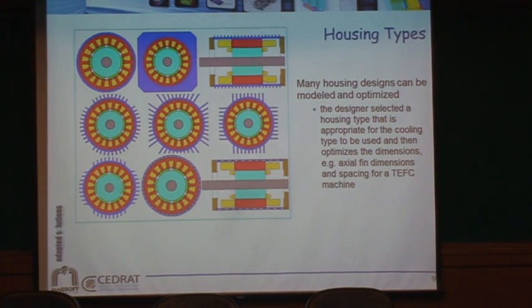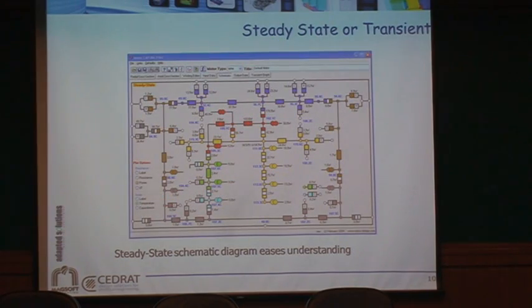So you design, you enter the geometry, you define the materials, you select the type of cooling, you enter the losses, and you solve. And once you do this, you immediately have the steady state. And with the steady state, you can see here we have some information about the temperature.